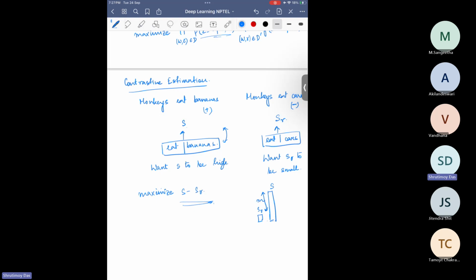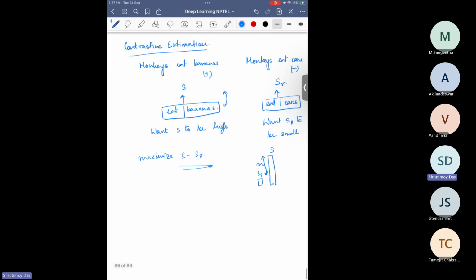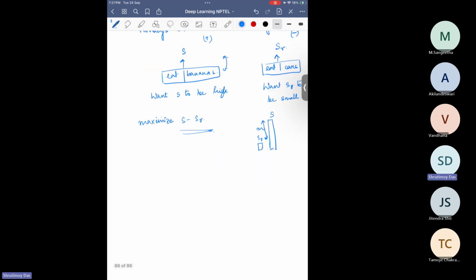And another thing that was discussed was the hierarchical softmax. So we know softmax, right?